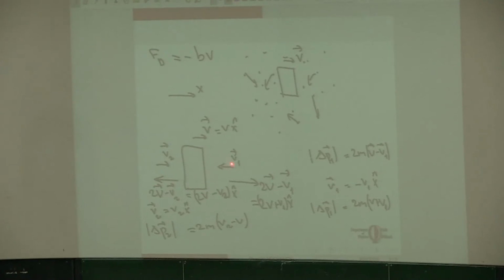So the relative speed here is larger, and it changes, transferring more momentum to my object. So the momentum transferred by this molecule to my object is larger than that transferred by the other molecule, because the relative speed between those two objects is smaller.